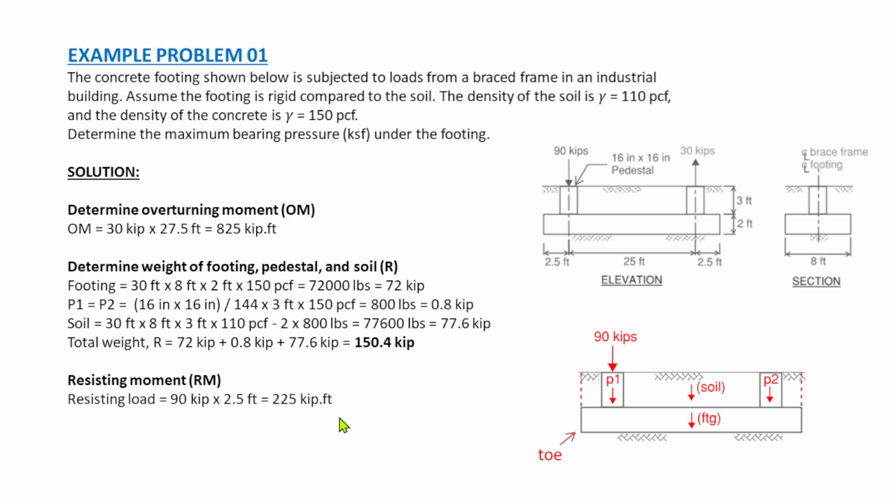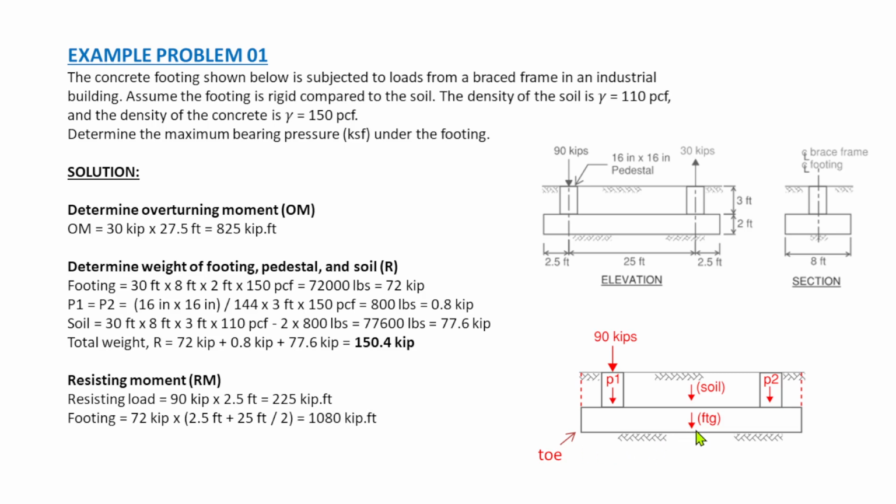The resisting load, which is P, is downward: 90 times 2.5, from here to there, 2.5. That would give us 225 kip-feet.